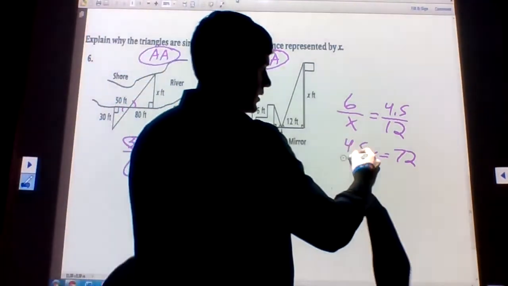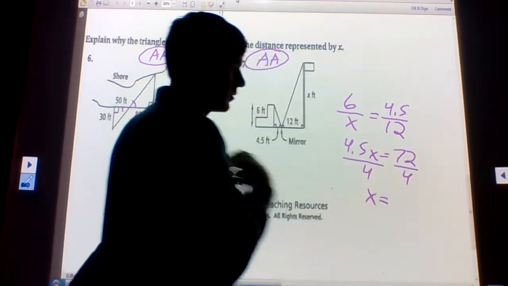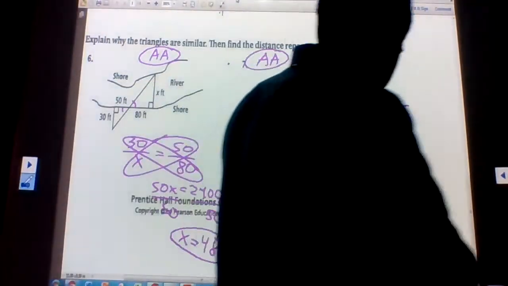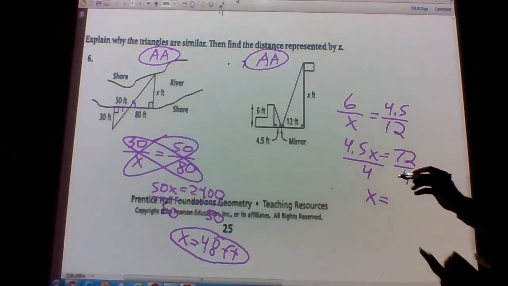Divide by 4.5. X is going to be 15 point something. Oh, it's 4.5.